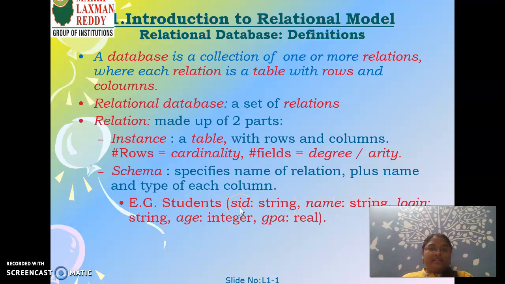Generally when we design any table, we take the prefix of the table name. Here I have taken S, so SID. Generally with ID we get confused when we take many entities, so it is better to take the prefix of the entity name. So SID, SName, SLogin, SAge.